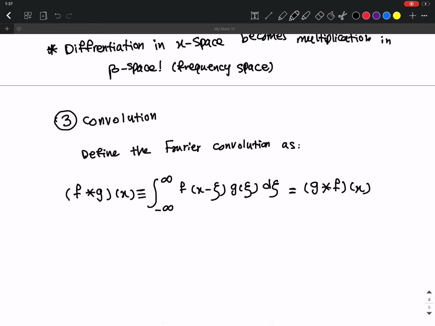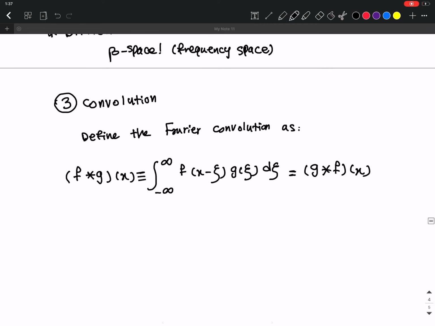And there is a reason we define this, because the multiplication in the regular space is going to be a convolution in the Fourier space. So let's see this fact by defining, starting with these Fourier transforms.